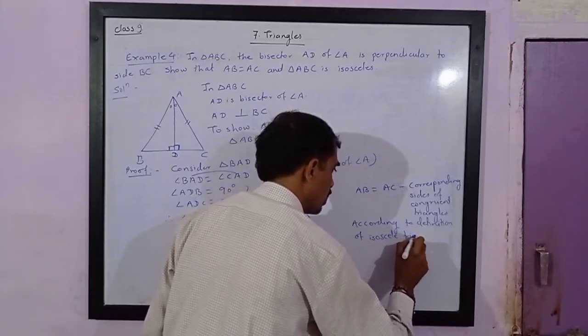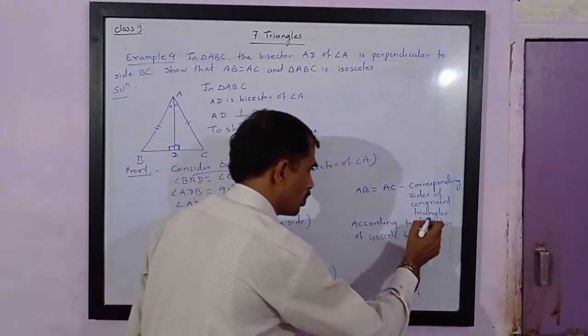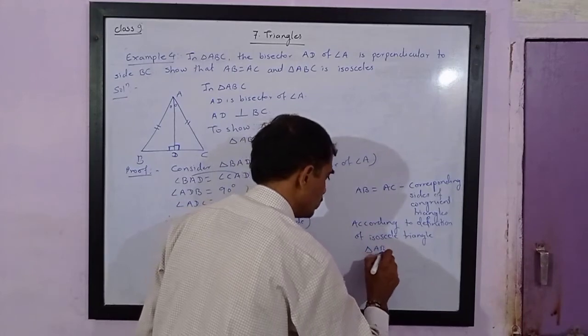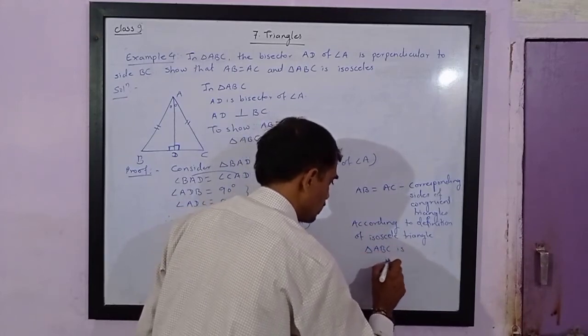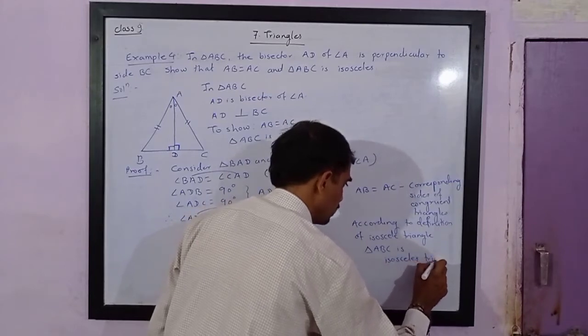If two sides are congruent, then we call the triangle an isosceles triangle. So according to the definition of an isosceles triangle, triangle ABC is an isosceles triangle.